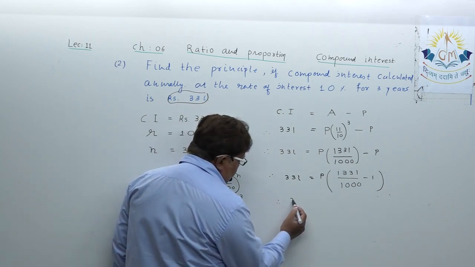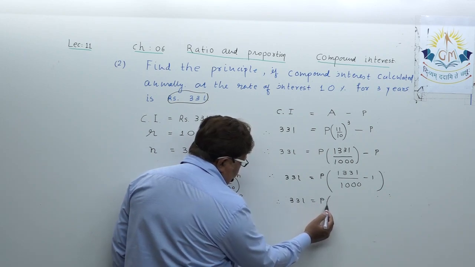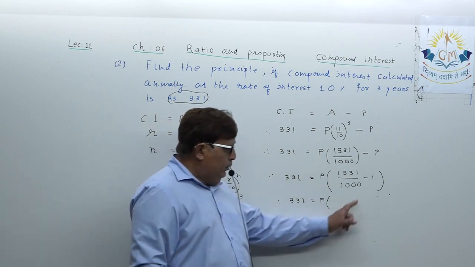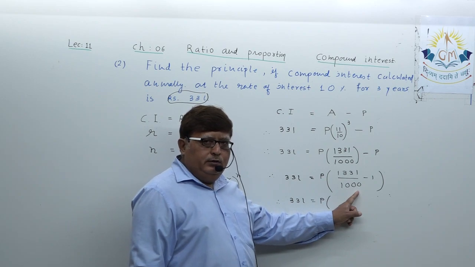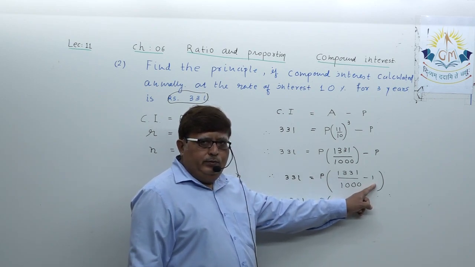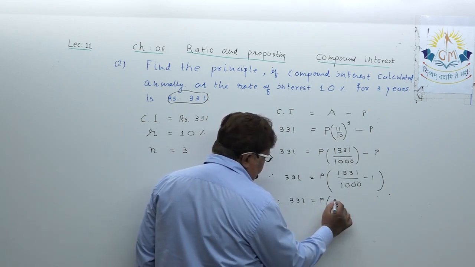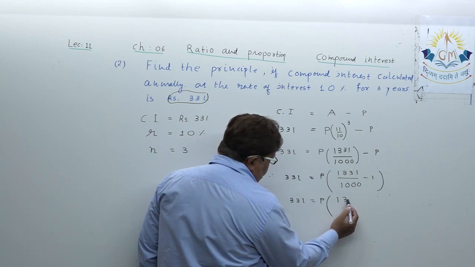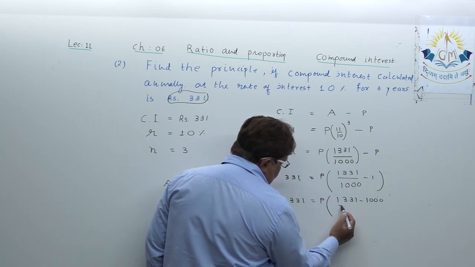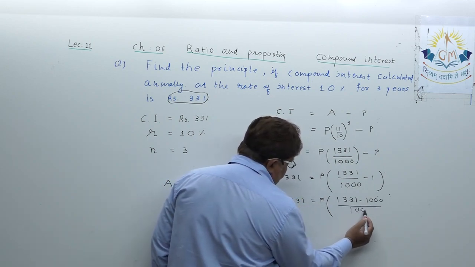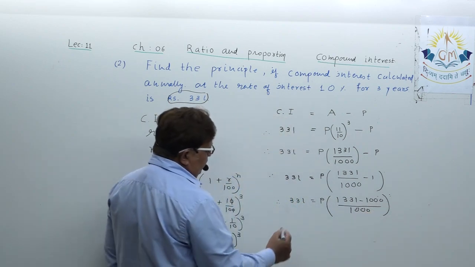Therefore, 331 equal to P into bracket. If we take LCM here, 1000 will multiply with 1. So what you will get actually, numerator 1331 minus 1000 upon 1000, bracket closed.